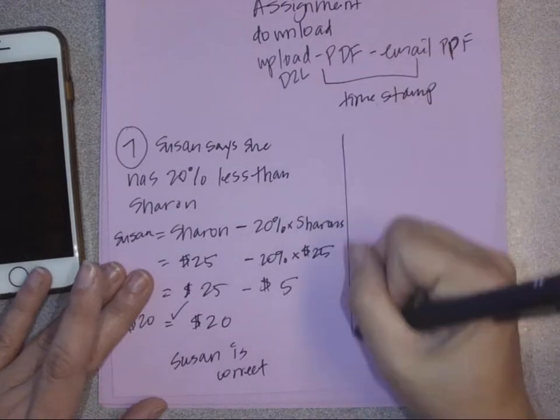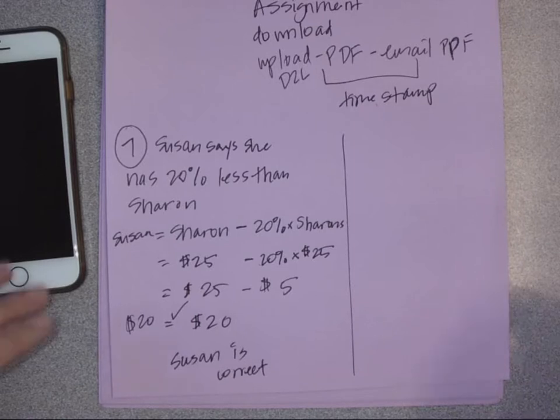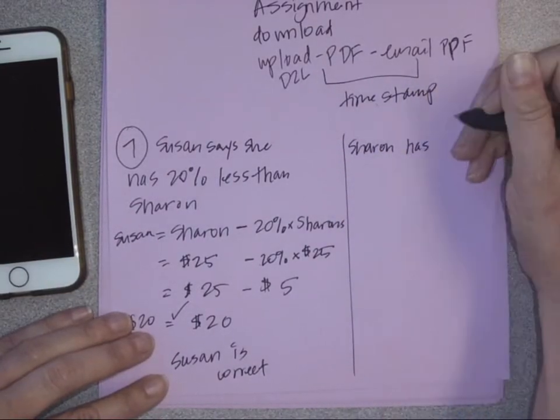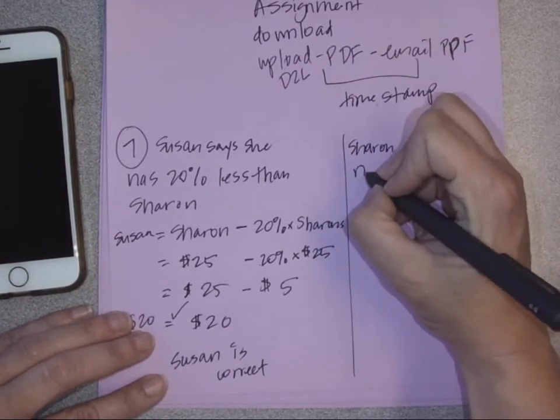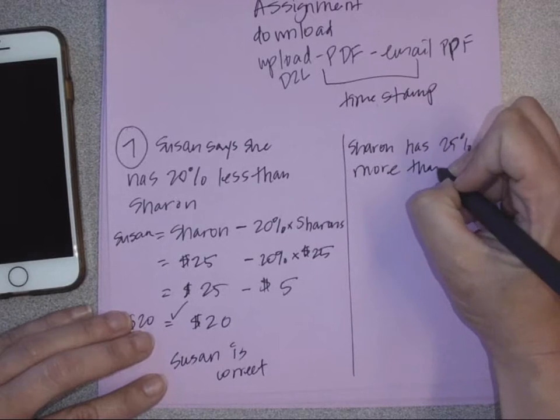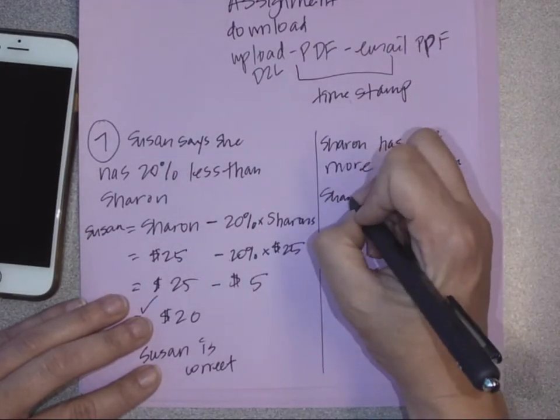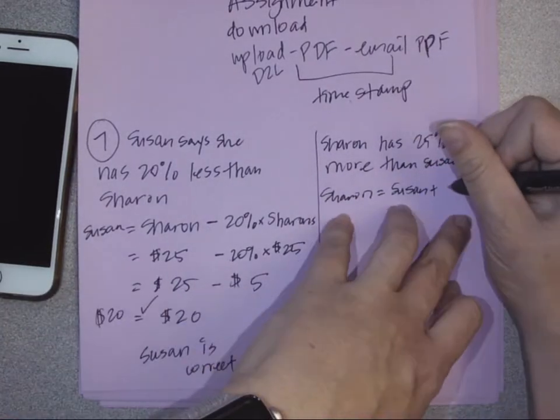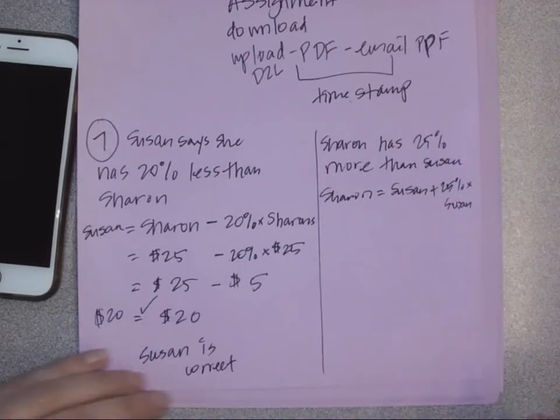On the other side, Sharon's statement, Sharon says, I have 25% more than Susan. So that means that Sharon's money should be Susan's money plus 25% times Susan's money.